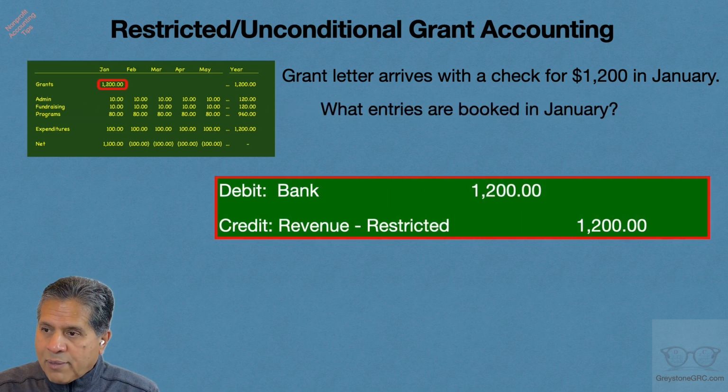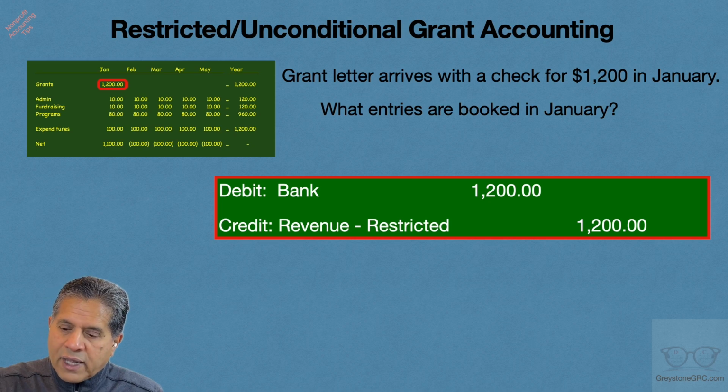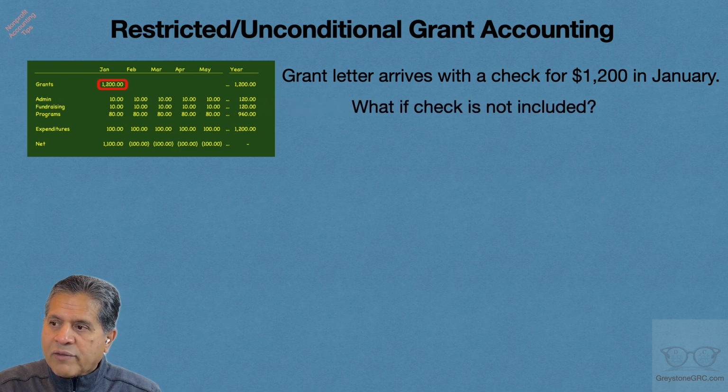Well, we debit the bank account, and that's in January, and we credit revenue restricted. Now, we haven't talked about what the restriction is. That's a topic for another video, but whatever the restrictions are, we tend to track these revenue amounts as restricted revenue. The reality is that from an accounting perspective, revenue is revenue, and it's going to roll down to your bottom line. However, the entry here for tracking purposes is debit bank and credit restricted revenue.